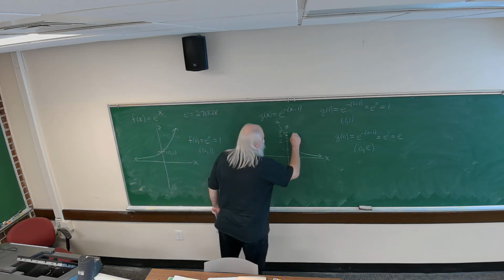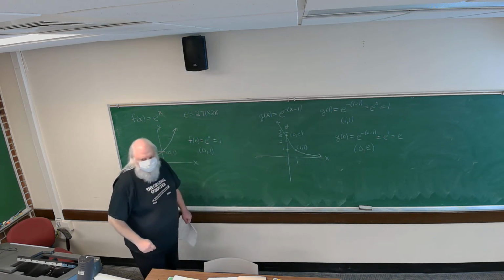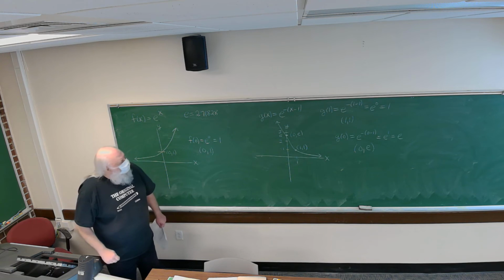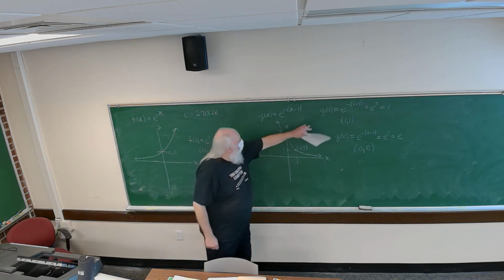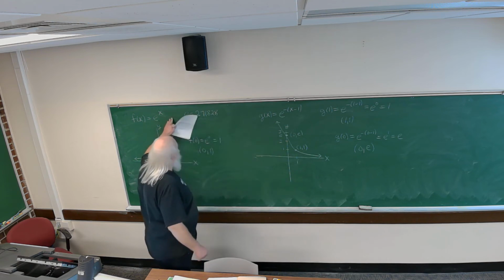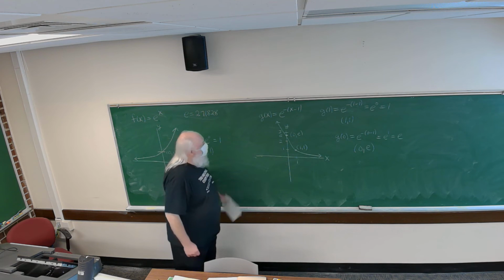The y-intercept is 0, e, and it goes through the point 1, 1. You can tell there's no vertical shift, because there's nothing added or subtracted from the right-hand side of the function e to the x, okay?